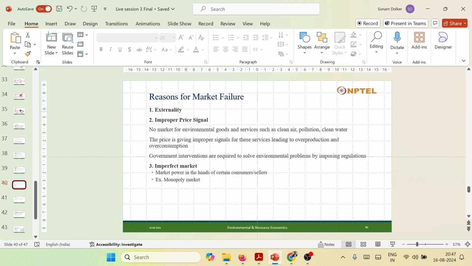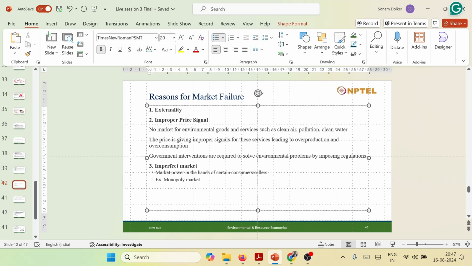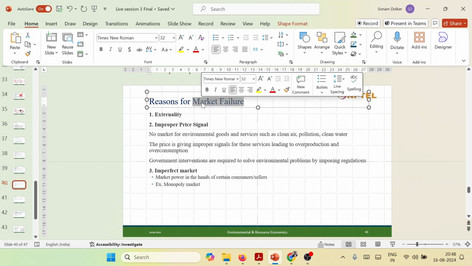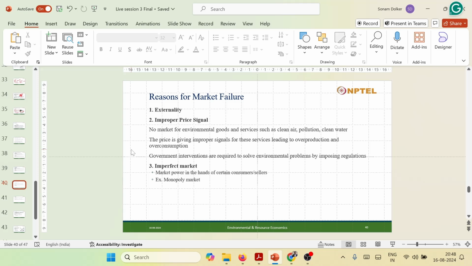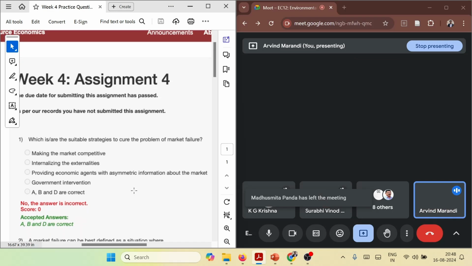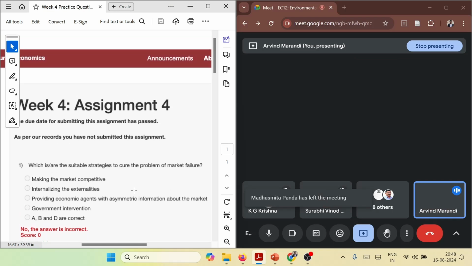Market failure is because of externality, improper price signals, such as price signals for environmental goods and services, and imperfect markets, such as when market power is in the hands of certain consumers or sellers, like a monopoly market, or when the market rules are not transparent. So when market failure happens, there is no equal or efficient distribution of resources. The question here asks what are the ways in which we can reduce market failure.